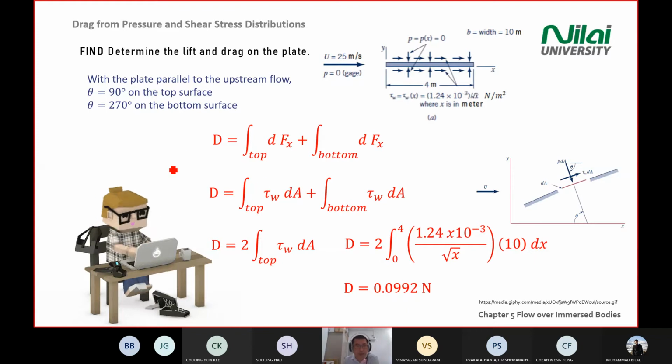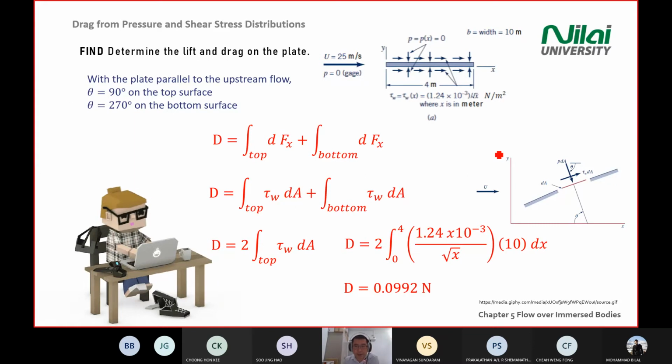So question number 6 shows you how we apply the definition of lift and drag, and also what happens if you rotate your object. We already solved for the first component, which is the parallel surface.